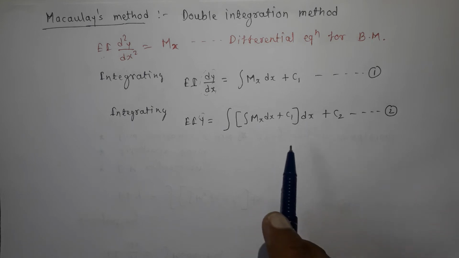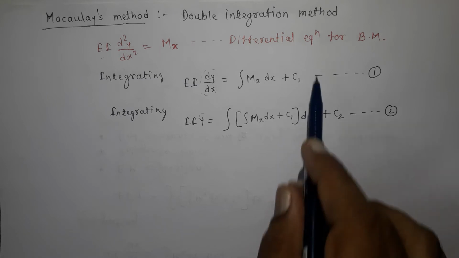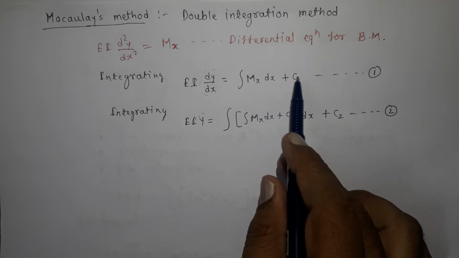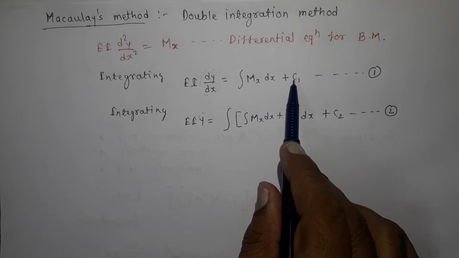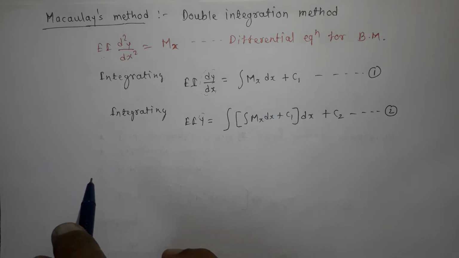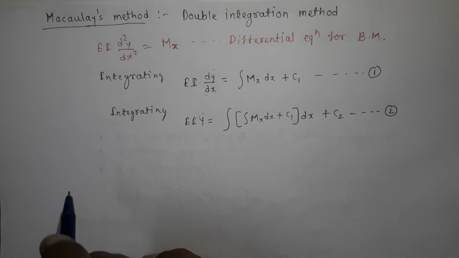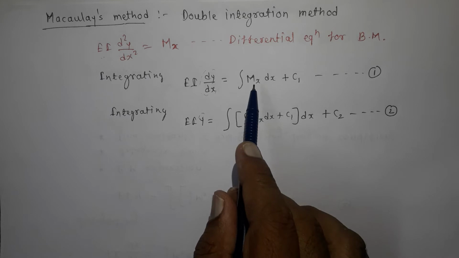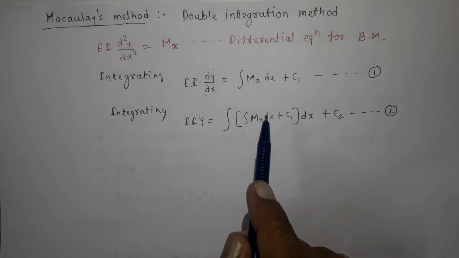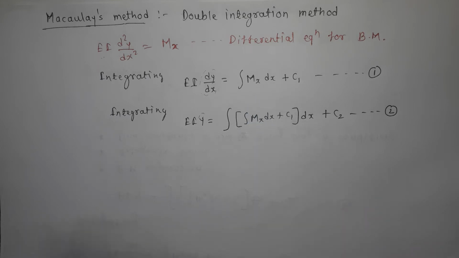For any given beam, what is different is the bending moment expression and the constants of integration. Using the known conditions, we can get the constants of integration, and once we get the constants, these equations respectively can give us the slope and deflection for any given value of x.